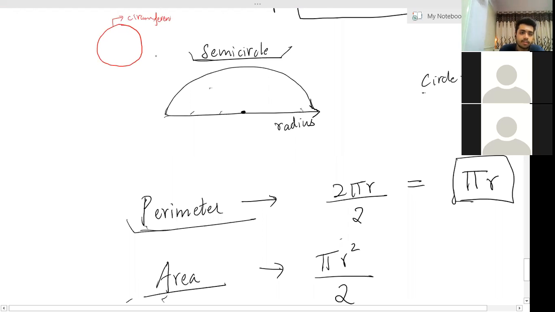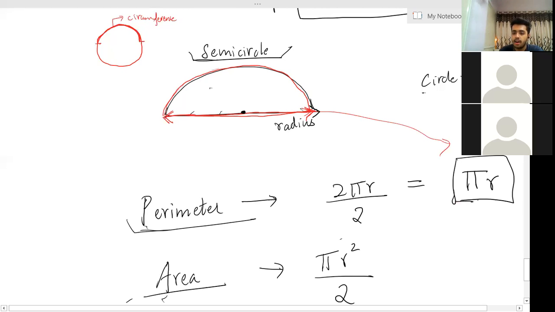Now, when I cut the circle into half to get a semicircle, this side is half of the circle, and this is pi r. But I forgot to add this part, the base. Not only the curved part. The curved part is pi r, but I forgot to add the base. So this also should be added because this is also part of the boundary, right?